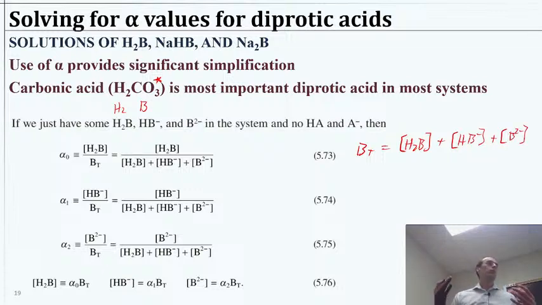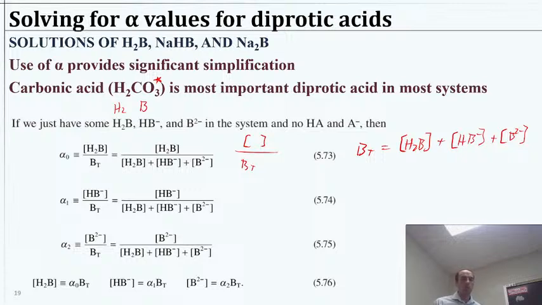Given that, the fraction of any of them is the portion of whichever one we're talking about divided by B total. Generically, that makes sense: the alpha fraction for H2B is H2B over that stuff, HB minus is HB minus over that stuff, and so on.